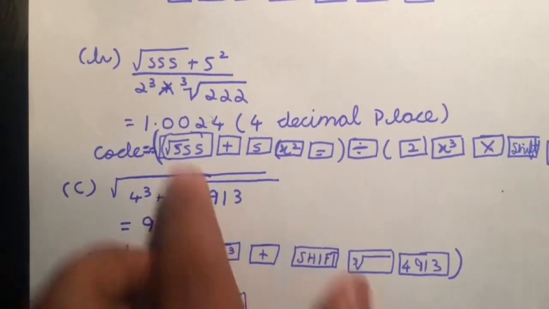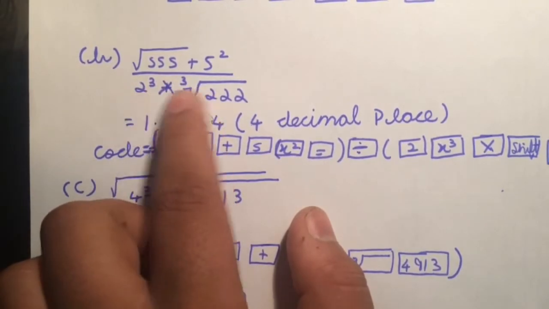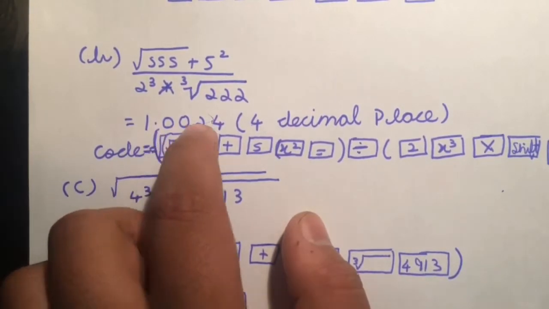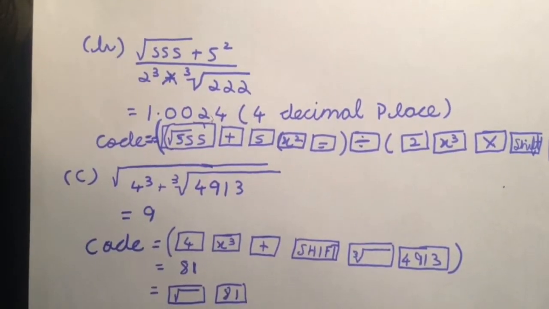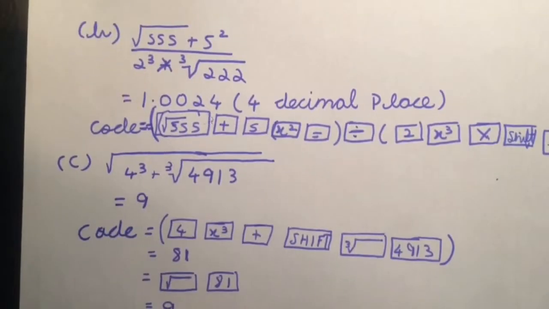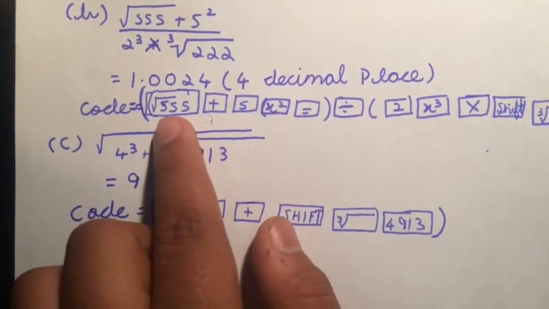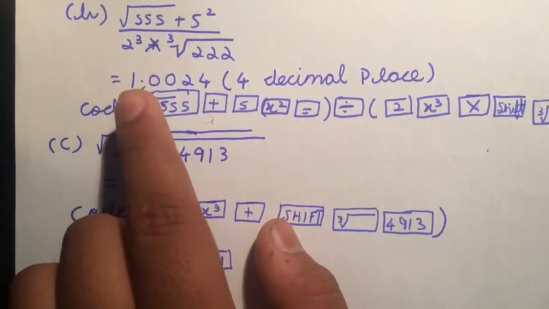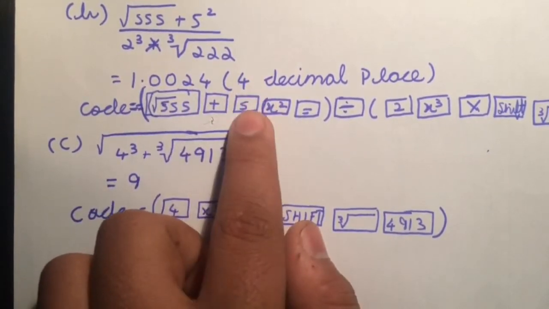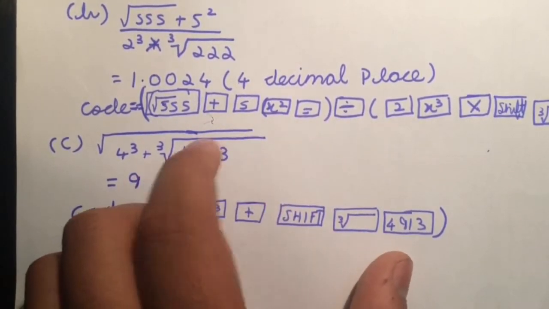And then the B part is the square root of 555 plus 5 square over 2 cube into the cube root of 2, to 2. So it's 1.0024 to 4 decimal places, as given above. To find the answer in 4 decimal places, first you have to find the square root of 555, then plus button, then 5 button, then x square button, then equals. Note down the answer on paper.